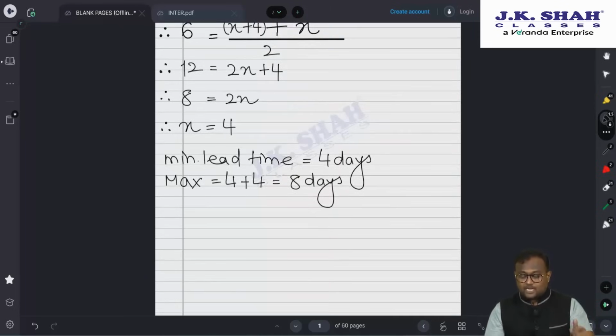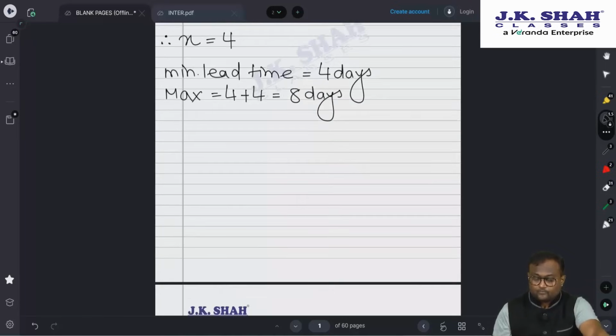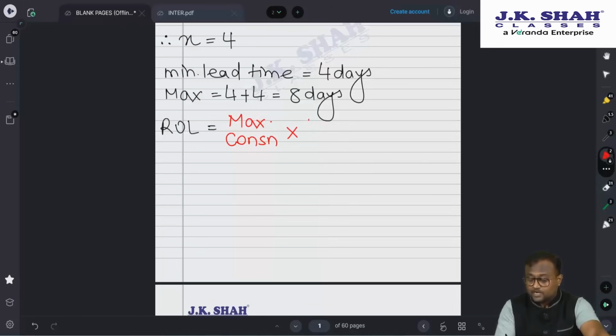So we have minimum lead time as well as maximum lead time. We have that information with us. So now we can go for the given formulas. How much is ROL? If you recollect, for ROL, we always go for the conservative formula. My conservative formula says your maximum consumption requirement multiplied by the maximum time you have to wait.